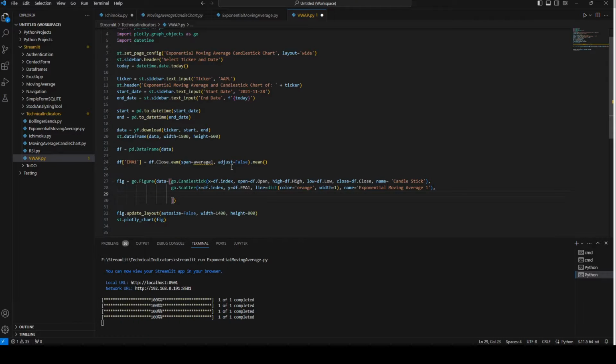So basically what we're going to do is I'm going to rename this to VWAP, so volume weighted average price, and it's going to be DF high plus DF low plus DF close, and I'm gonna put this between brackets, and I need to divide it by 3, and now I need to multiply it with the volume.